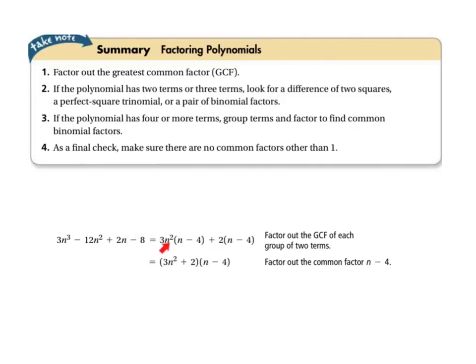Pull those out, and magically, when you're done, you end up with n minus 4 coming out of both. You pull out that n minus 4, regroup the other two pieces, throw them together, boom, you're done, you're factored. Now, sometimes you have to be careful, like this front set could still be factored. In this case, it can't, but sometimes it can be. That's what we're looking at. Again, I'm going to do lots of examples of this. This is sort of a preview of what we're going to be doing.